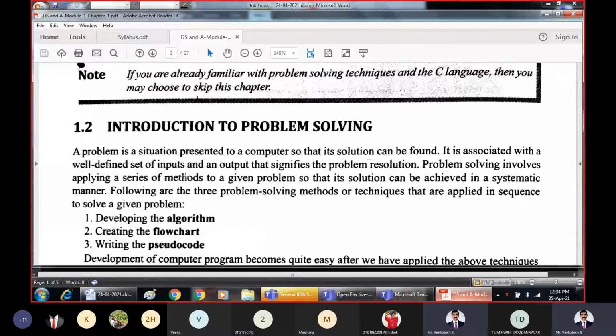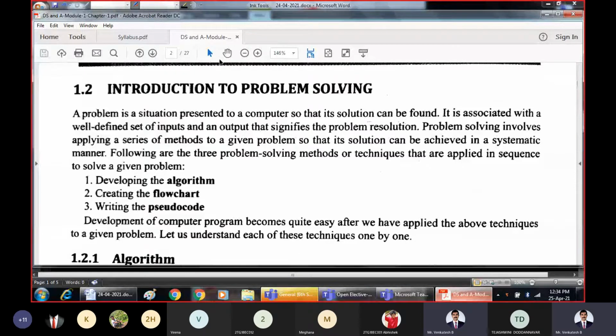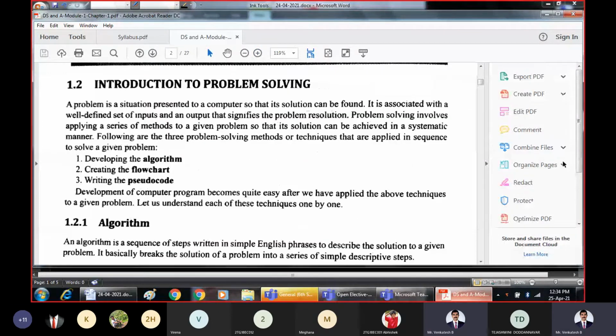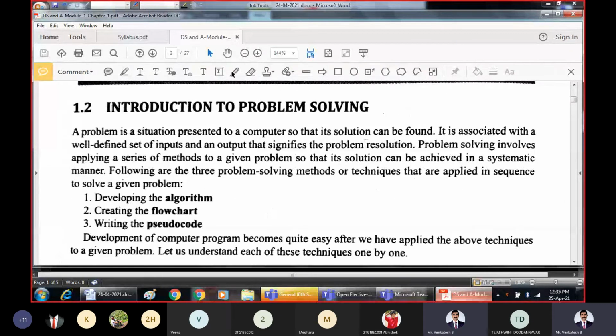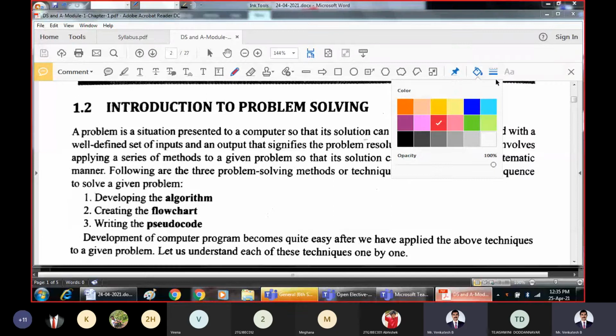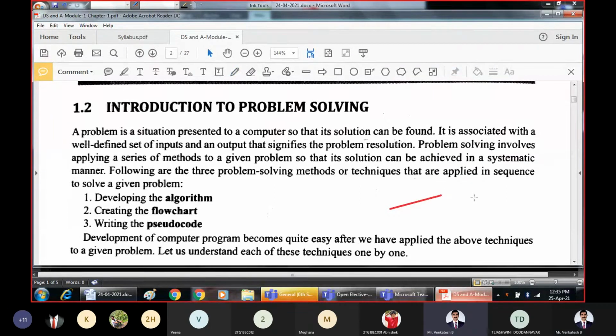But whenever some problem is given to us, there are three different approaches for solving any given problem. The first approach is to write an algorithm for that particular problem. That is the very first technique.